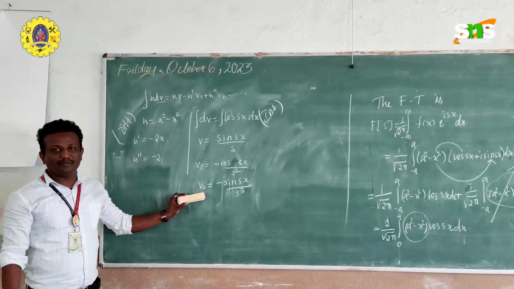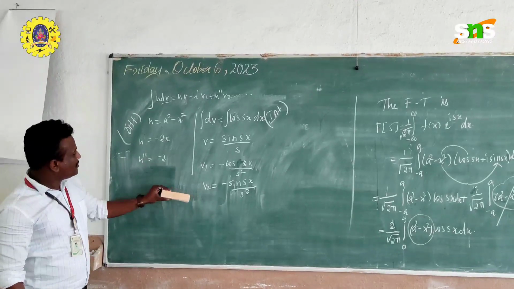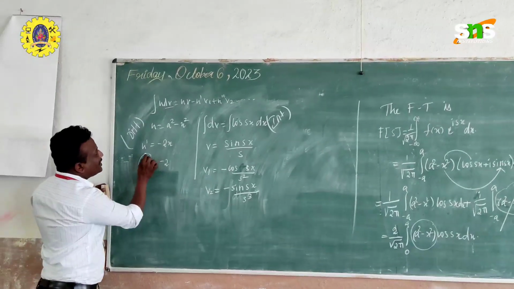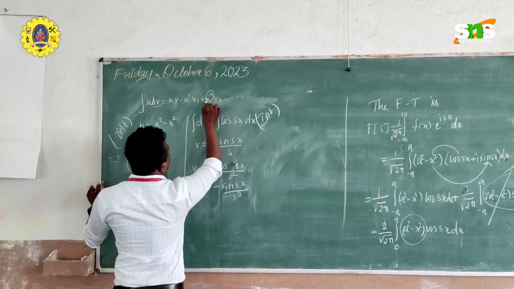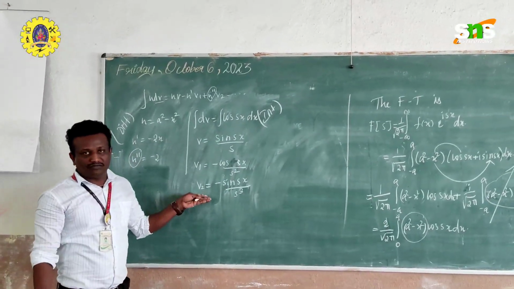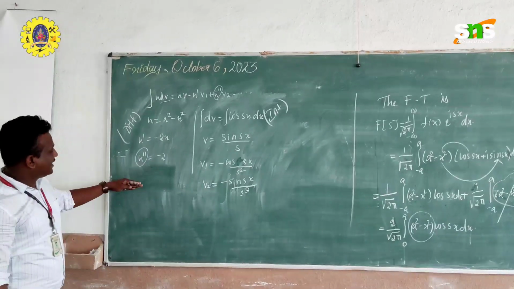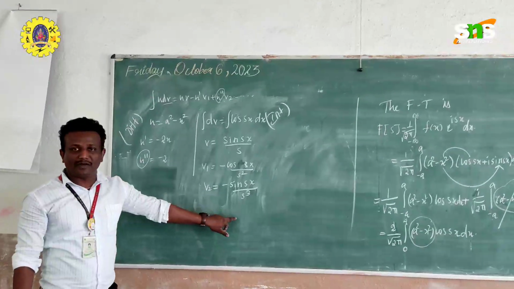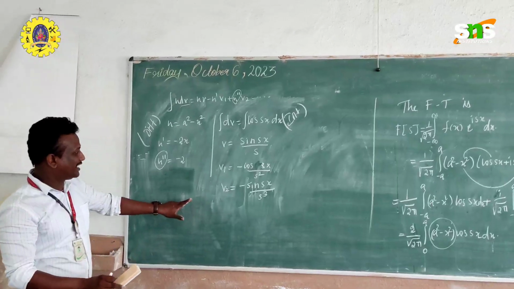Now we can stop the process. Why have we stopped this process? Because what is the pair of U double dash in the formula? The U double dash pair is V2, so it is enough to calculate till V2. Okay, because if you take U triple dash, it is 0, so when multiplied with the next term everything will be 0, so no need to calculate the next term.